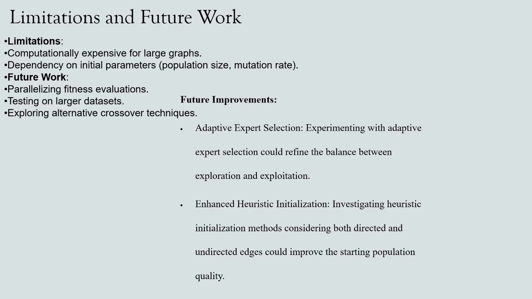Some improvements I could make: experimenting with adaptive expert selection could refine the balance between exploration and exploitation. Enhance heuristic initialization: investigating heuristic initialization methods, considering both directed and undirected edges, could improve starting population quality.